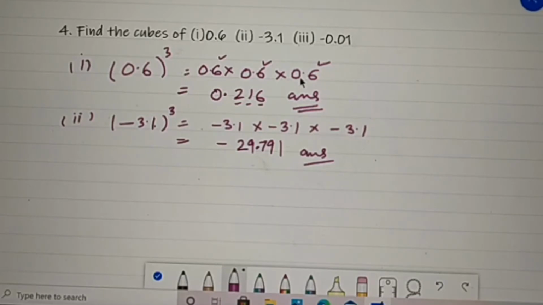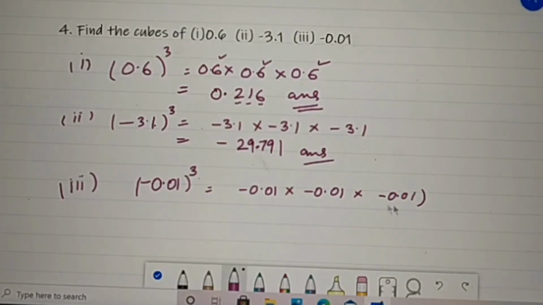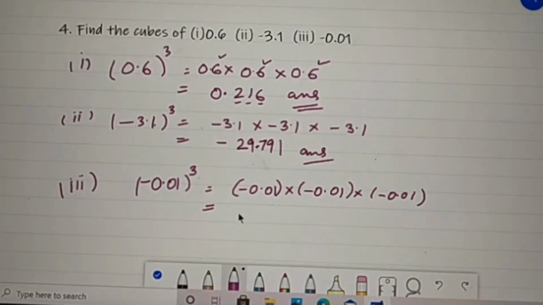We have to find the cube of minus 0.01 and its cube will be minus 0.01 into minus 0.01 into minus 0.01. We put all negative numbers within brackets, and negative power 3 is negative. 1 ones are 1, and we have 2, 4, 6 places.